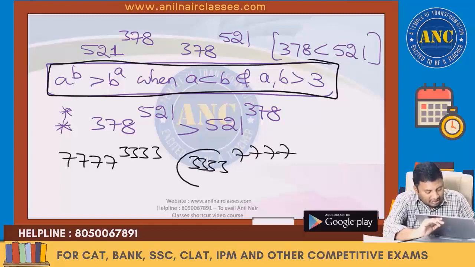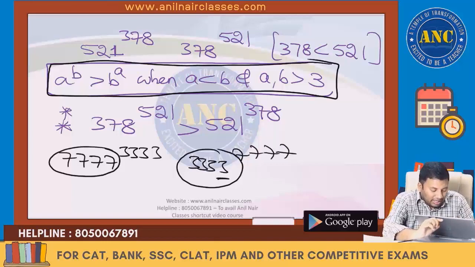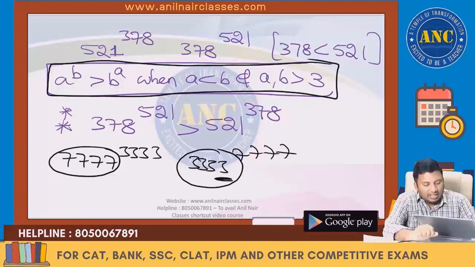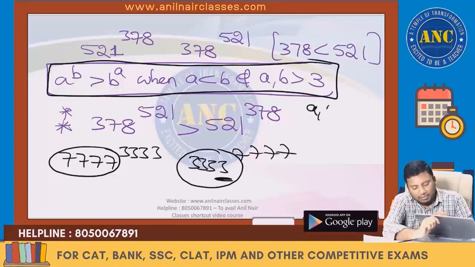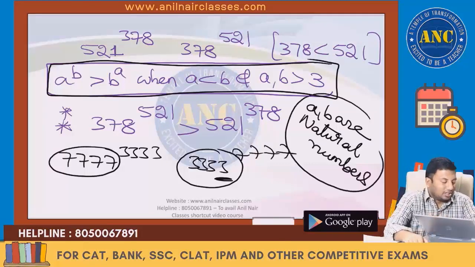I said this is A, this is B. Why are you taking the unit digit of A? A is not the unit digit here. A is the number. A and B are natural numbers. I am not taking the unit digit of a number. That is the mistake that we did.